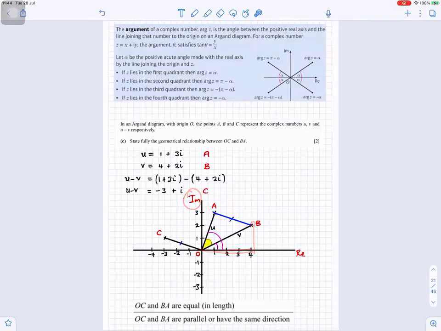So that's B. Now u minus v: 1 plus 3i minus 4 plus 2i. 1 minus 4 is minus 3, 3 minus 2 is 1. So it's minus 3, 1. That's where C is. So OC and BA are equal in length, and OC and BA are parallel or have the same direction.